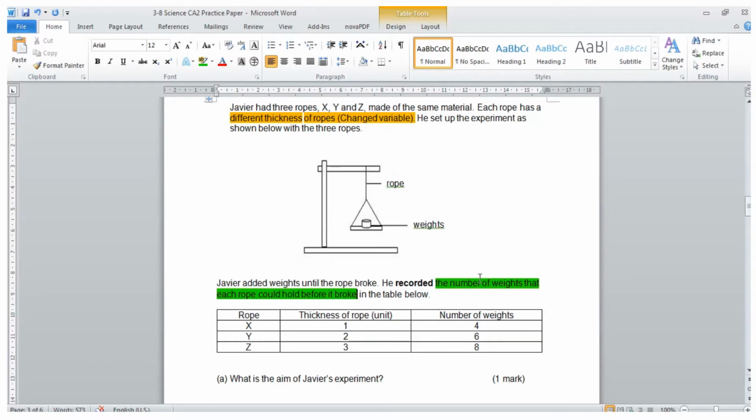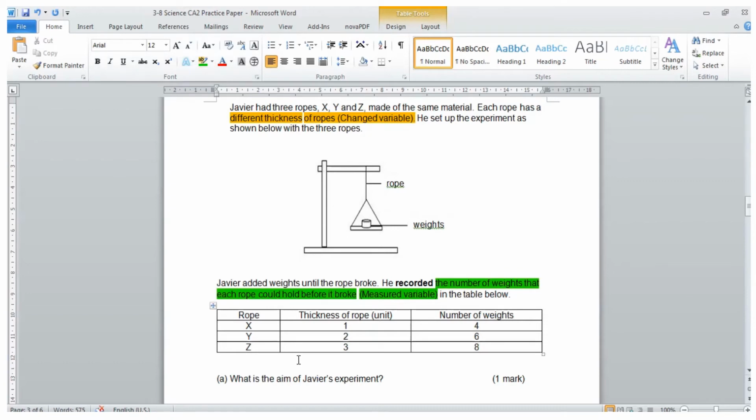Because if you just mention that, could hold when? At the initial, at the end of the experiment, when? So we say, the number of weights that it can hold before it breaks. I counted the number of weights. So this whole thing here in green would then be our measured variable. Understood? So this is just a practice. In an experiment, you need to first identify your change variable, your measured variable, or even your aim if there is one.